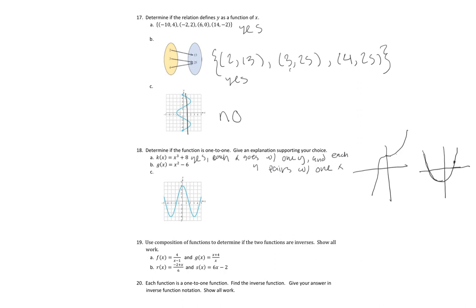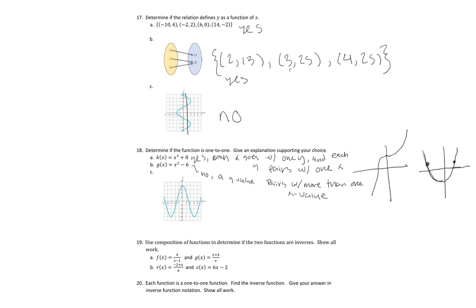If we come to this y value, there's another x value that gives us that same y value. So it is not going to be one-to-one. So we'll say no, because a y value pairs with more than one x value.